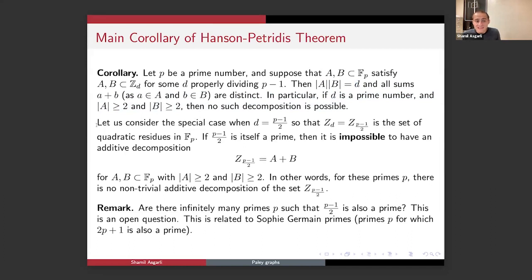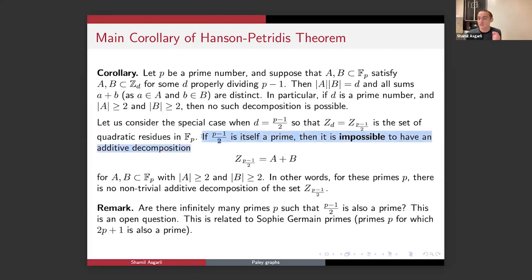Now, in the case that was of interest to us, the case of quadratic residues, that's the case when D is P minus 1 over 2. That's because Z sub P minus 1 over 2 is the set of quadratic residues in F_P. And if P minus 1 over 2 is itself a prime, then it's impossible to have an additive decomposition.